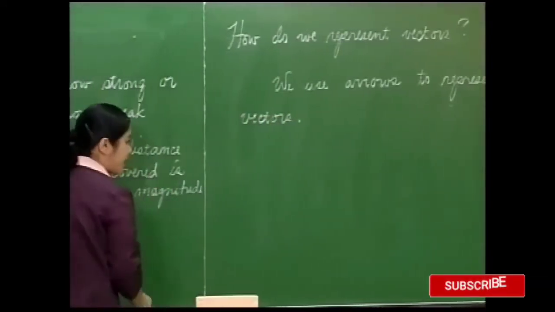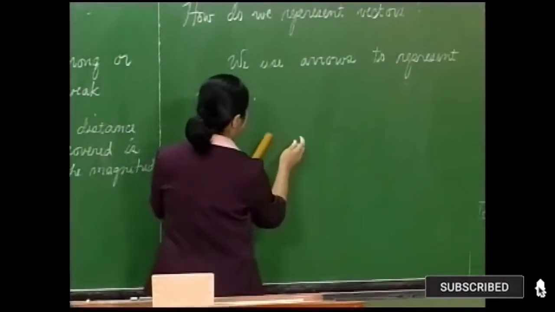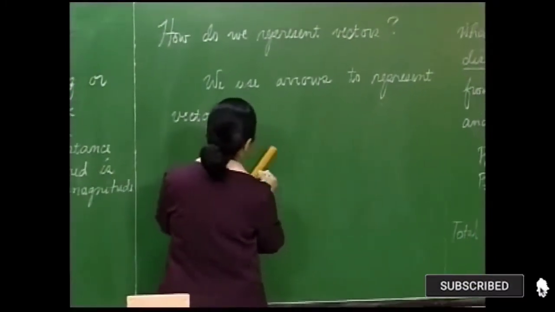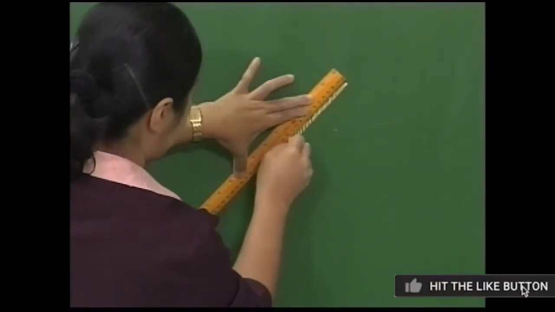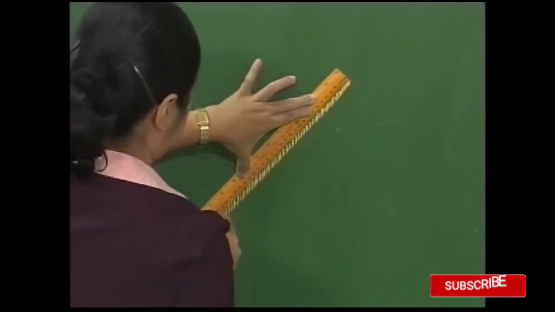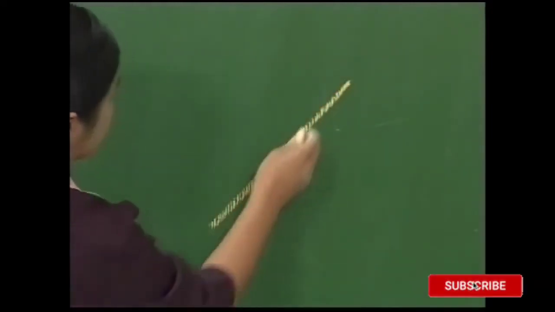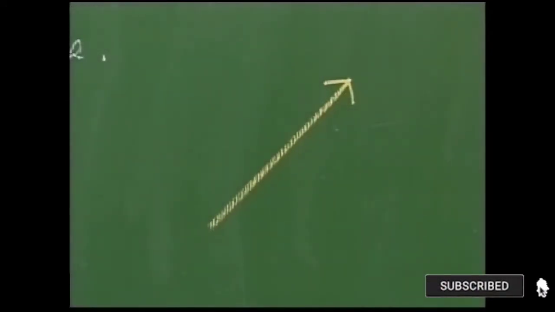So you could have a vector A. I could draw a vector as simply an arrow.